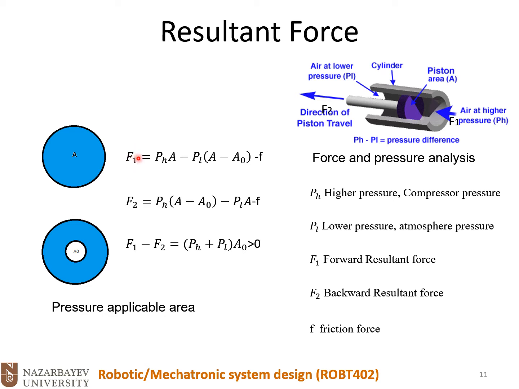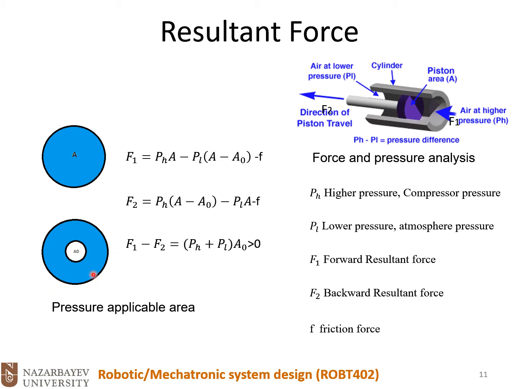So F1, the force on the right side of the piston, is equal to PH multiplied by A, minus PL, the low pressure, which is equal to the atmospheric pressure, multiplied by A minus A0. Why do we have A minus A0?